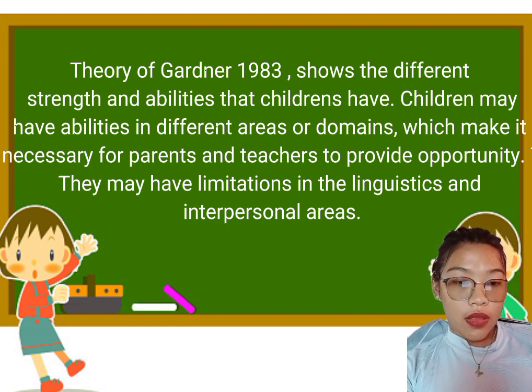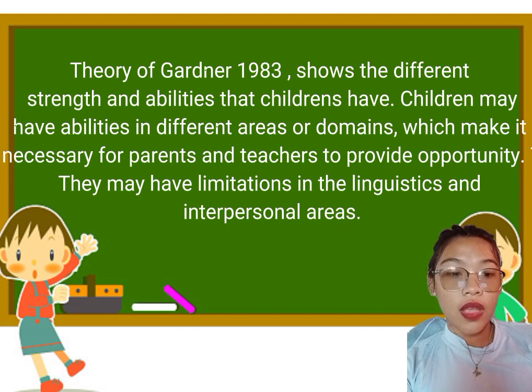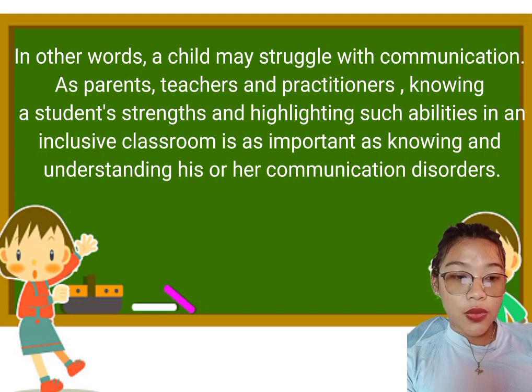Children with communication disorders may have limitations in the linguistic and interpersonal areas but may possess good spiritual, musical, and bodily kinesthetic abilities. In other words, a child may struggle with communication.